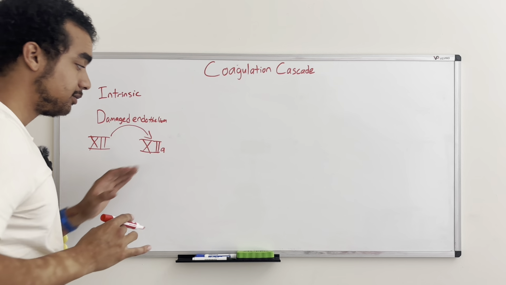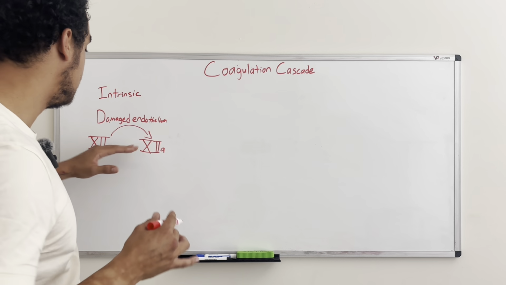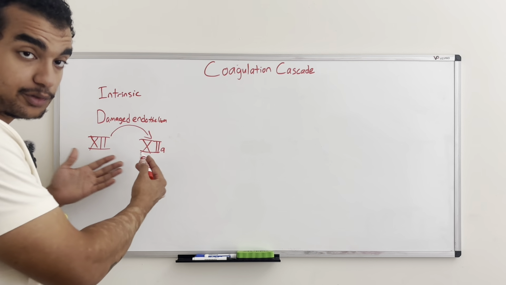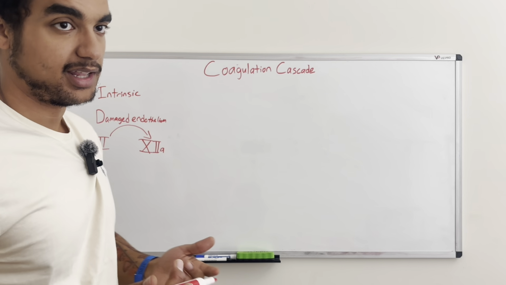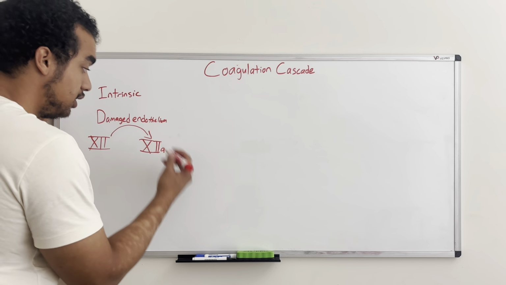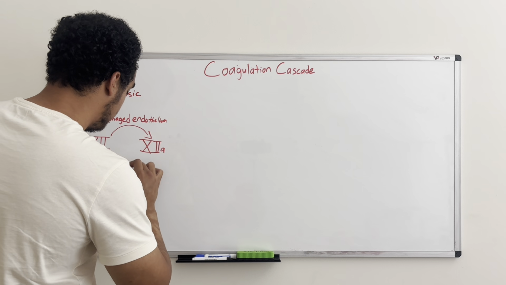Now, there are some cases, which we'll go over a little bit later, where you have a factor 12 deficiency, which is essentially the first step of the pathway. You can still undergo the intrinsic pathway. I'm going to explain that a little bit later. So, once you have factor 12 activation, then you move on to factor 11.